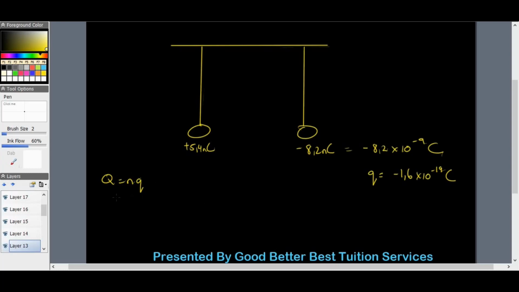So Q, we're told, is -8,2 times 10 to the -9, equals n, because they want to know the number of electrons that was added to ball B. Q is obviously the charge on an electron.